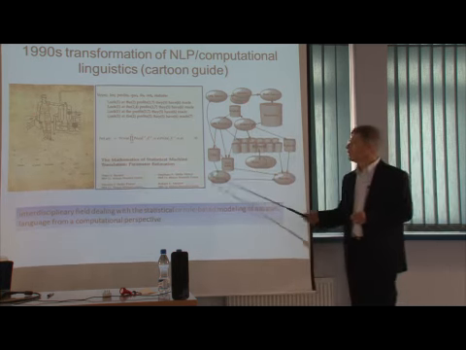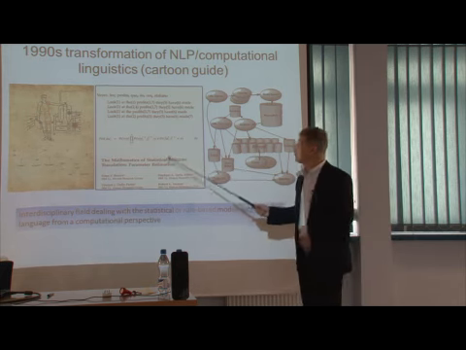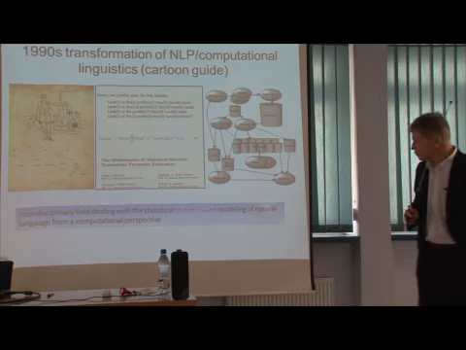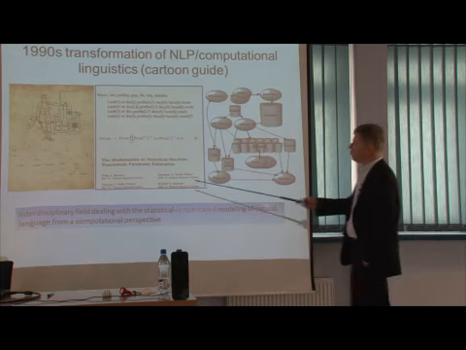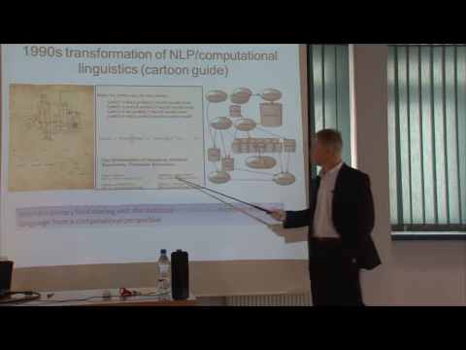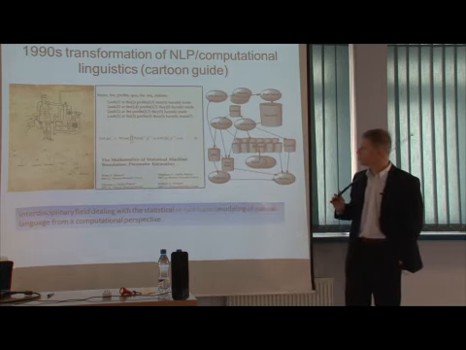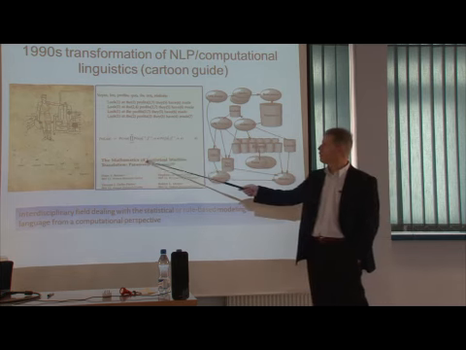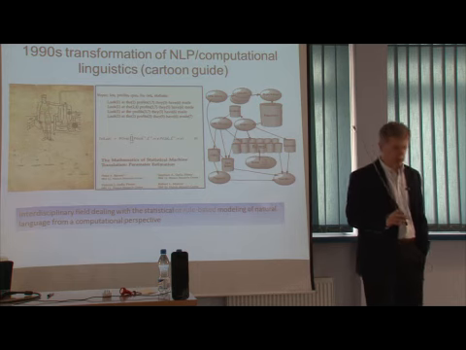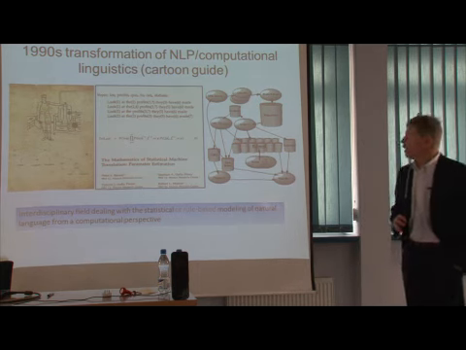In the late 80s and beginning of the 90s, a bunch of people at the Watson lab, Peter Brown, the Della Pietra brothers and Robert Mercer, published a paper called The Mathematics of Statistical Machine Translation.